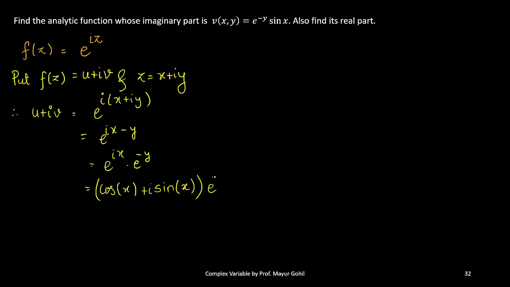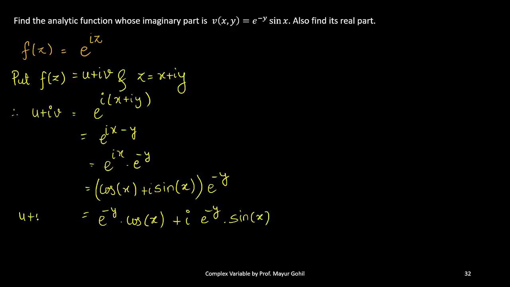And here it is e to the power minus y outside. We multiply the term in, so e to the power minus y into cos of x plus i times e to the power minus y times sine of x.